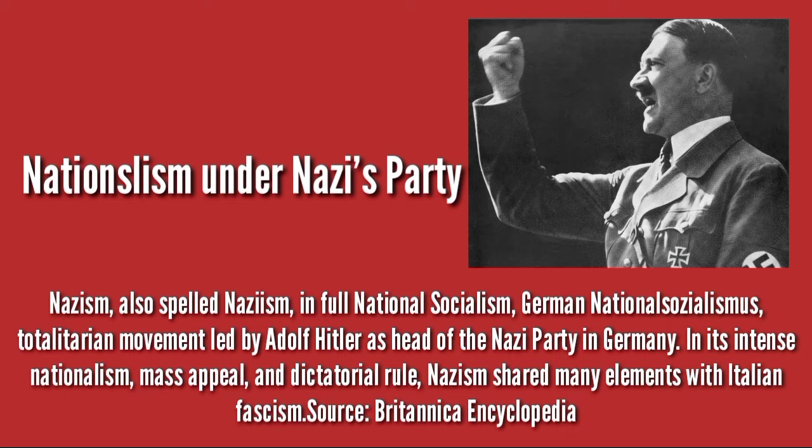With Nazism, we have here a fascist dictator, Adolf Hitler, who was inspired by Benito Mussolini of Italy. Now, nationalism under the Nazi party is really fearful because it aims to cleanse society of so-called inferior races.